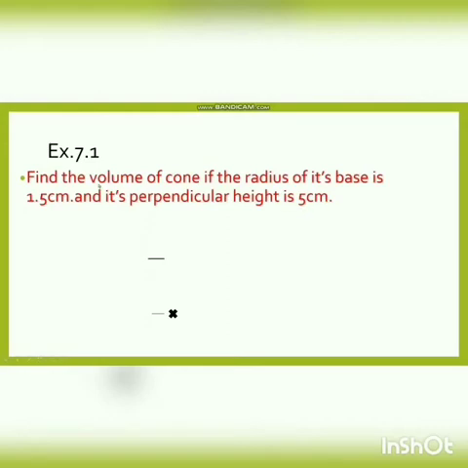You have to find out the volume of cone. Radius is given. In solution, radius of cone, which is shown by a small r, is equal to 1.5 centimeter. And height of cone, h is equal to 5 centimeter.